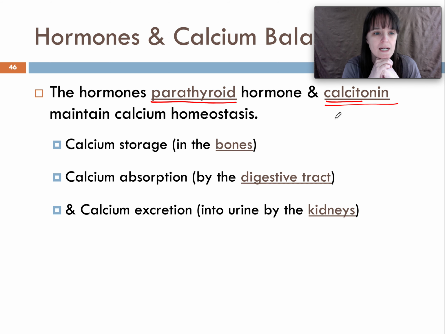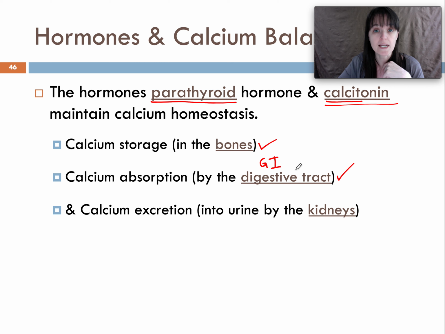So together they control calcium storage. And where is calcium stored? In the bones. Calcium absorption, and calcium is absorbed from your food by your digestive tract or GI tract. GI is for gastrointestinal.